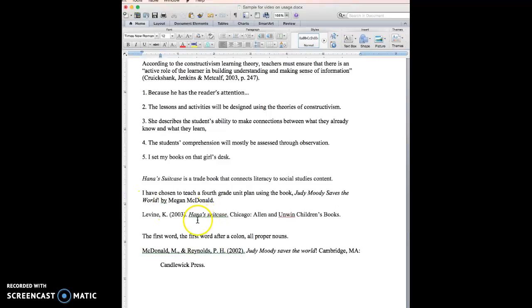So in this case, Hannah's suitcase, we would not capitalize suitcase because it's none of these 3 areas. Okay? And then all of this is the, oh, actually, I think that was supposed to be, this is the city and this is the place of publication.